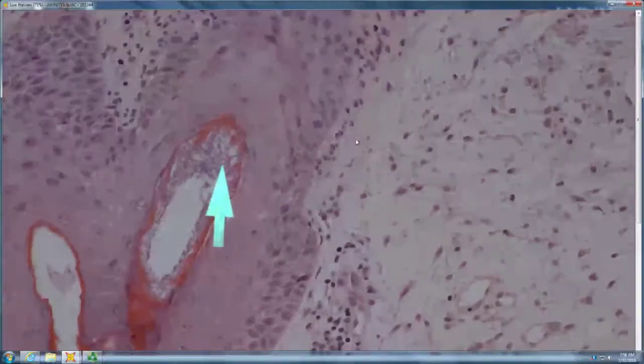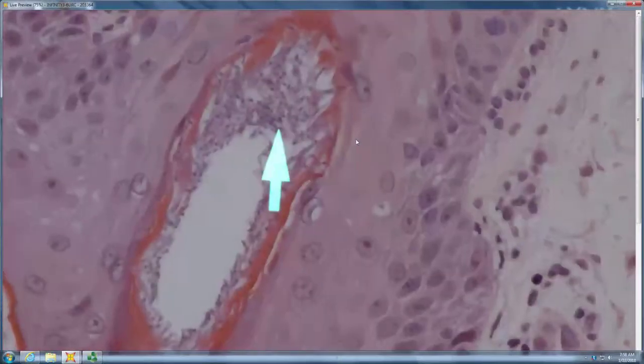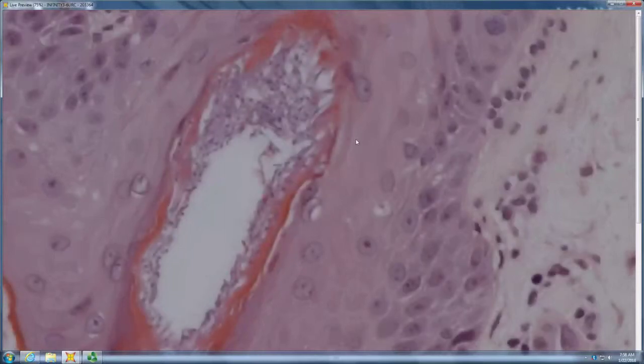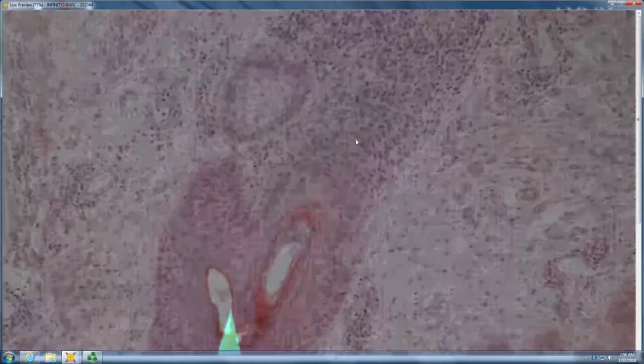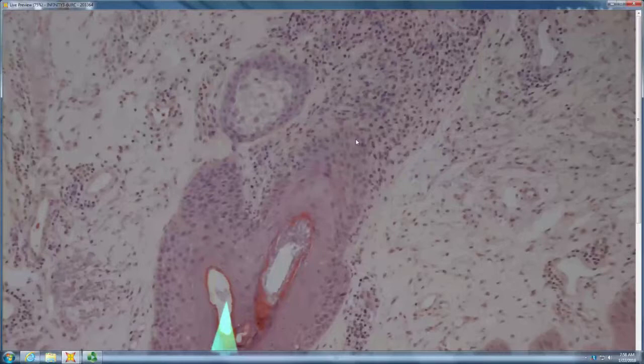Yeah, it looks like there's some organism within the empty hair shaft. They look to be hyphal. And where are you, probably, given that that's a Demodex mite? The infundibulum of the hair, but it may even be face with the Demodex.